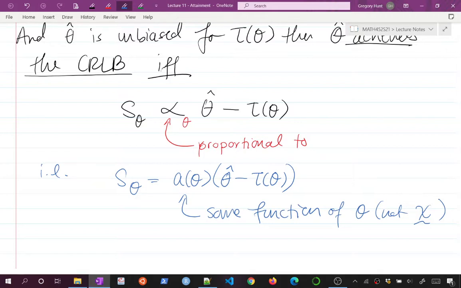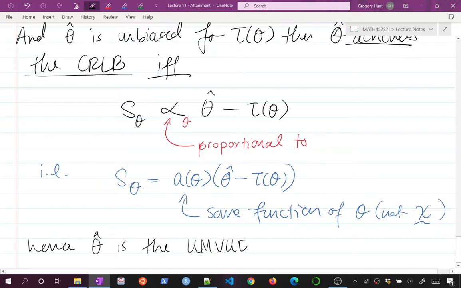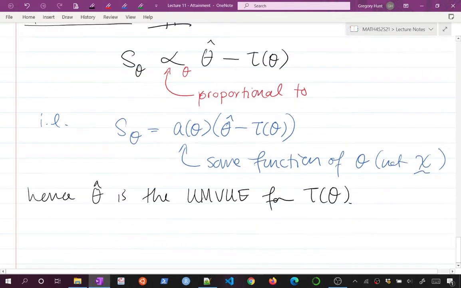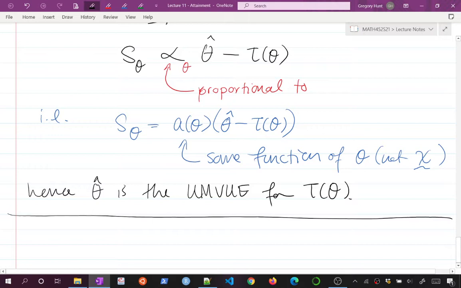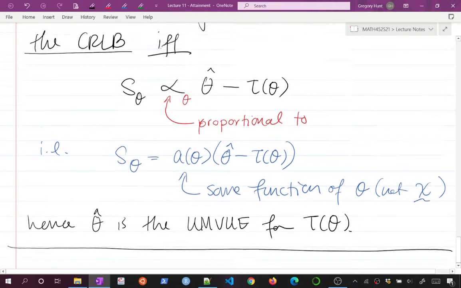If the score is some function involving theta, not the x's, times theta hat minus tau, then theta hat achieves the CRLB, hence theta hat is the UMVUE for tau of theta. So this is kind of a nice little theorem.